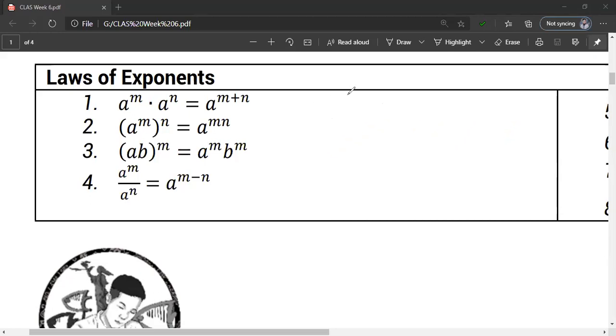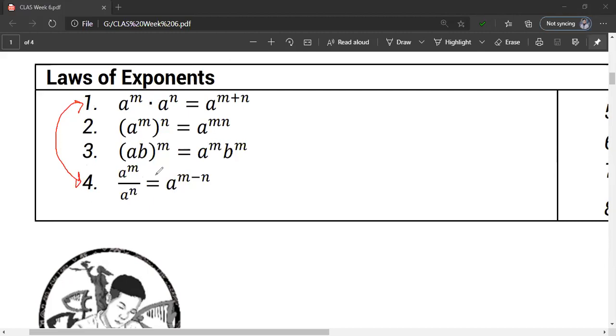Okay, number 4, we have a raised to m over a raised to n. If two numbers is divided and they contain the same base, all we have to do with their exponent is to subtract. Actually, class, it's amazing that it's the complete opposite of number 1. Si number 1 po and number 4 ay magkabaliktaran lang.